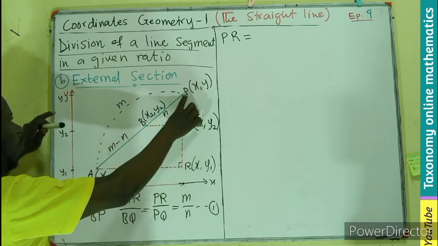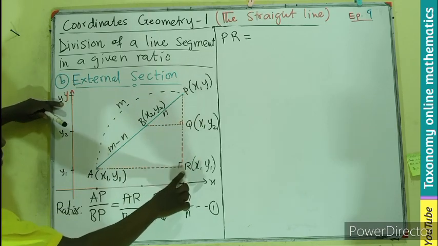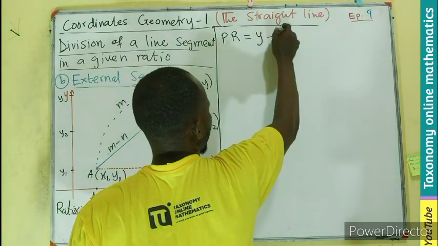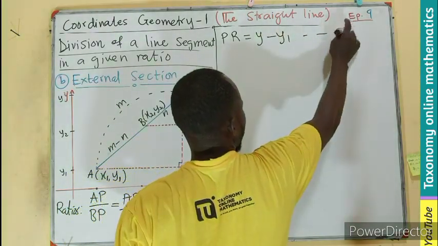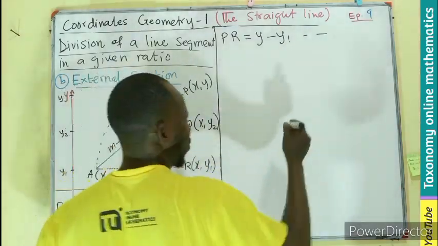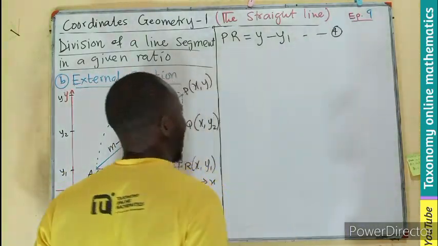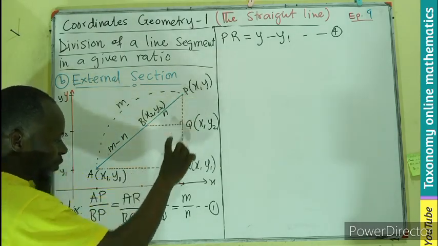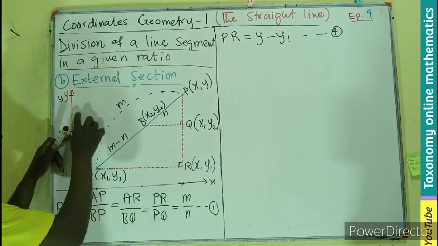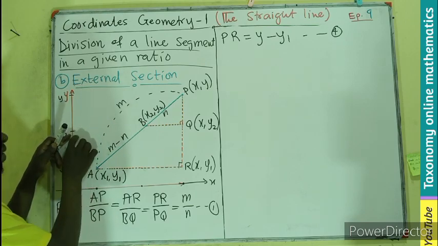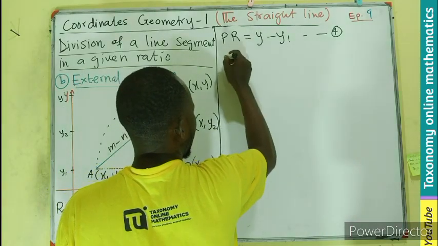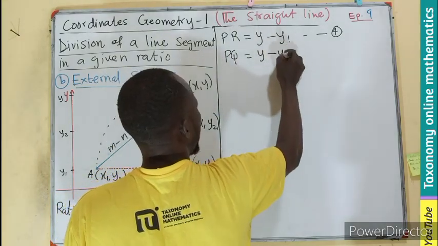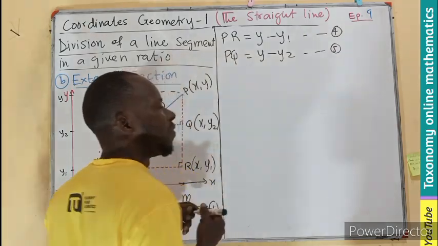The greatest point will be y, so y minus the smallest point, y minus y1. I think we have equation 3, so let's go to equation 4. Then we are dealing with the shorter version, PQ, just from here to here, greatest minus the smallest one. That will be PQ equals y minus y2, equation 5.